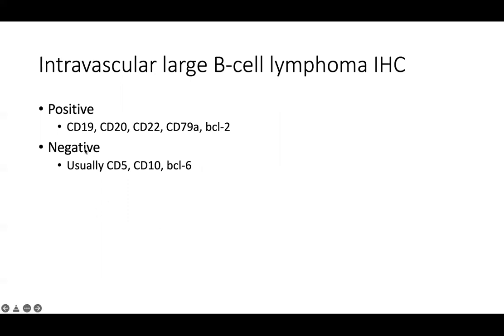You're going to look for positive CD19 and CD20, which mark the B cells. You can see some CD22 positivity as well as CD79A positivity, depending on the plasmacytic differentiation. And you can see BCL2 positivity as well. These are often negative for CD5, CD10, and BCL6.